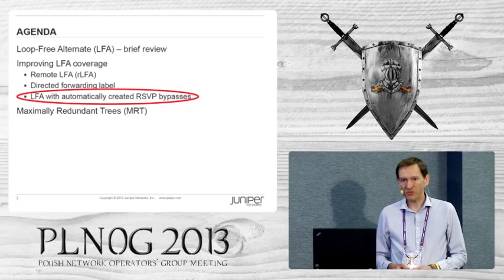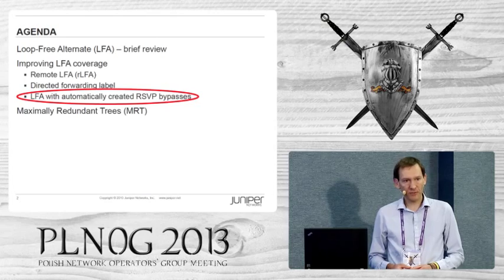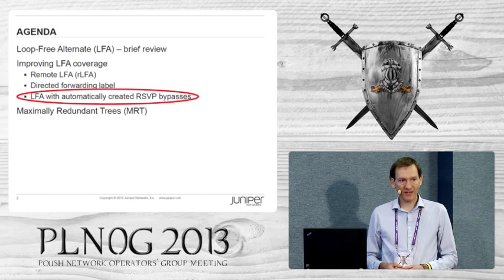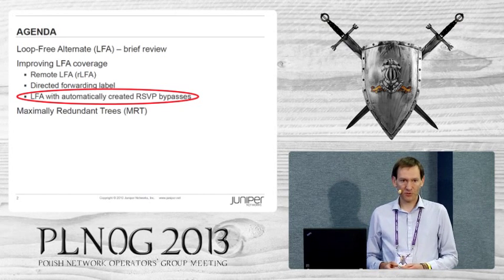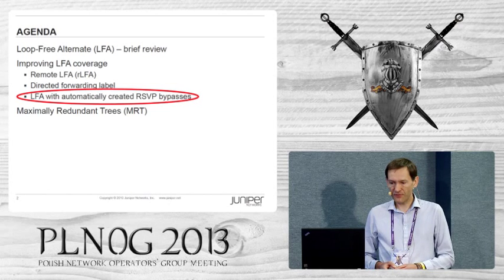Good. What I'll be talking about mostly is improving coverage of loop-free alternates, because as you'll see later, one of the issues with loop-free alternates is the fact that typically you don't get 100% coverage if you're using normal vanilla loop-free alternates. I'll be talking about some schemes to improve that.